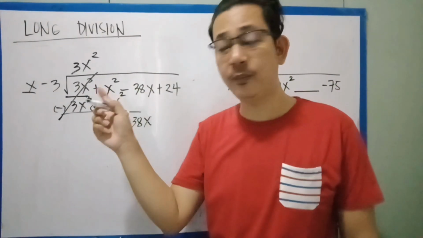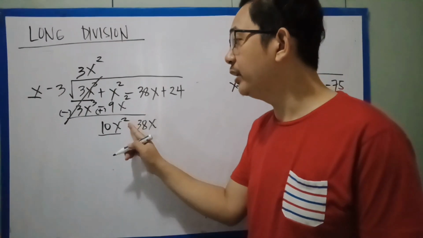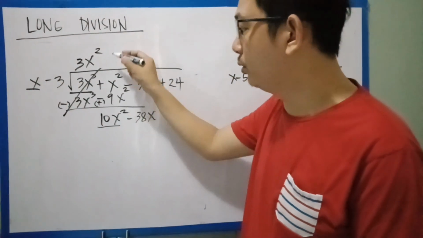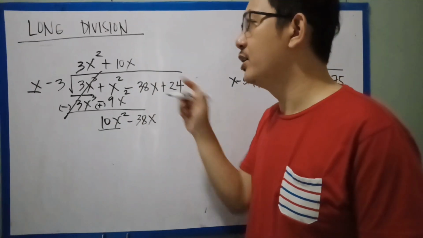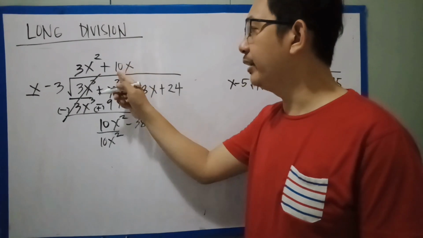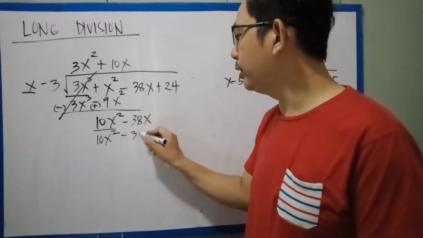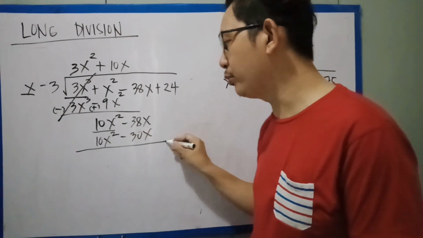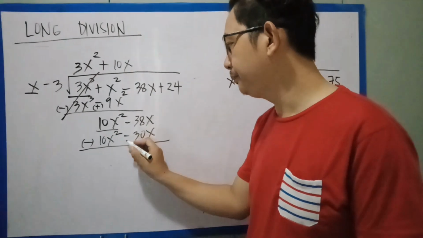So the same procedure as the first. So yung ginawa natin, first term, so 10x squared divided by x is equal to positive 10x na lang. So 10x times x is 10x squared. Then 10x times negative 3 is negative 30x. Okay, the same procedure. Change the sign of the subtrahend, positive magiging negative.